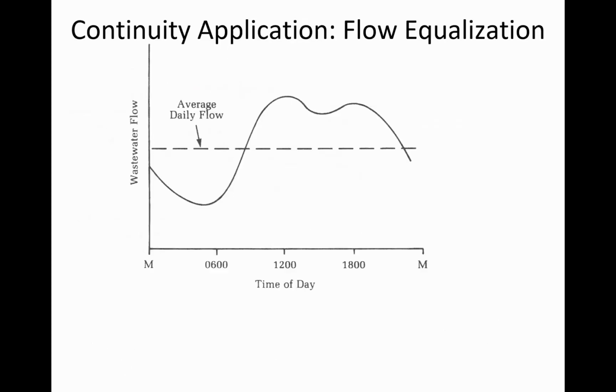What I mean by that temporal variability is, look at this curve, and what it shows is both the average flow and the flow at any given time of the day of water coming to a wastewater treatment plant. We humans don't use water in a steady state manner.